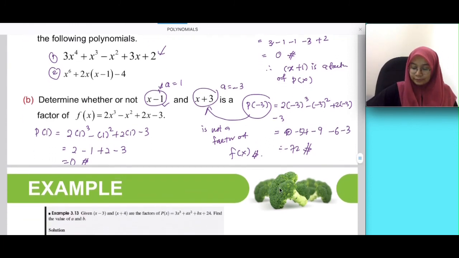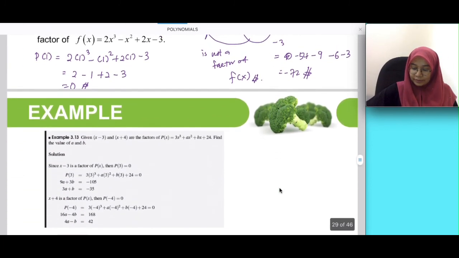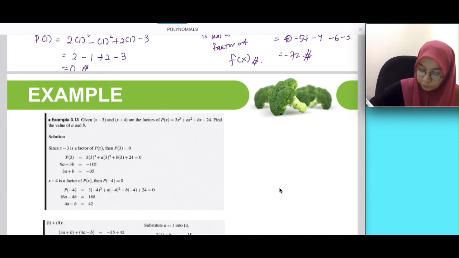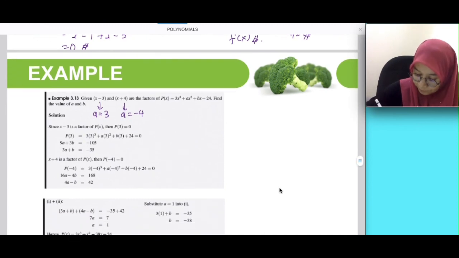Okay. So this one is another example. Given that x minus 3 and x plus 4 are the factors of this P(x), find the values of a and b. So you just substitute, x minus 3, a is equal to 3. x plus 4, a is equal to minus 4. Okay, substitute first P(3) and then you substitute P(-4).